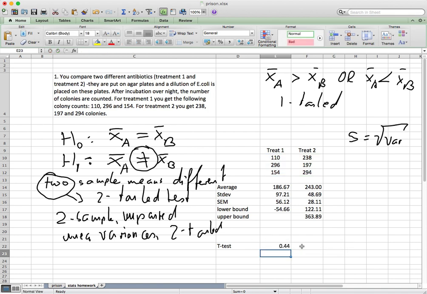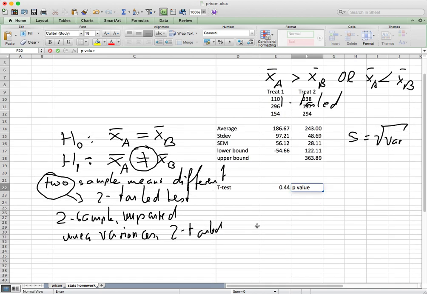So we get a p-value. Let me write this. The p-value for this test is 0.44. Now, what does this p-value tell us?